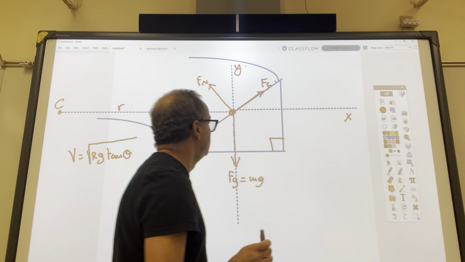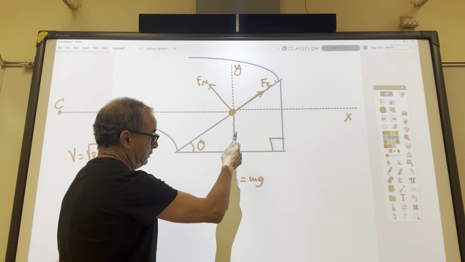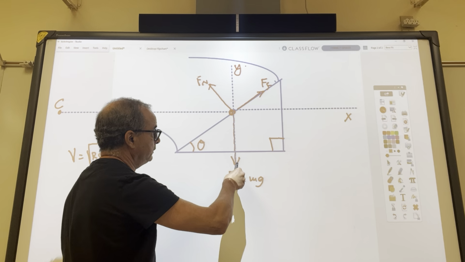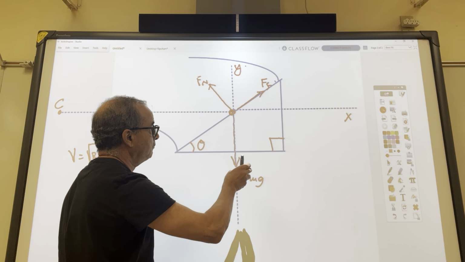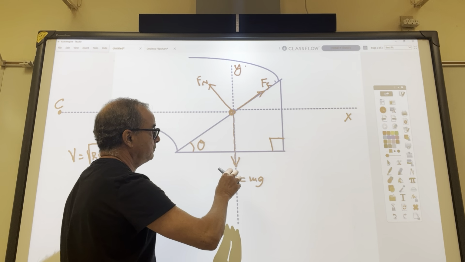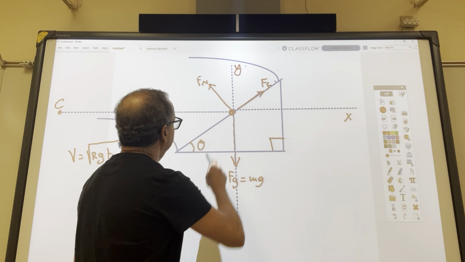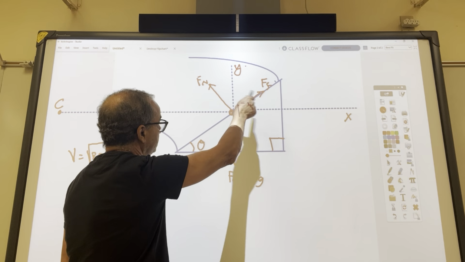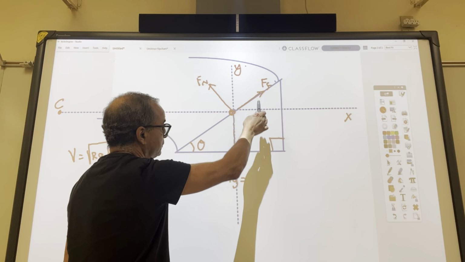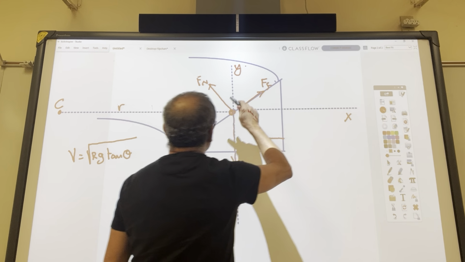Now, the force of gravity is already on the y-axis, so we're not going to decompose it. We're not going to break it down because it's already in the y direction. But the normal force and the friction force, we have to break them down into components. Let's do the normal force first.